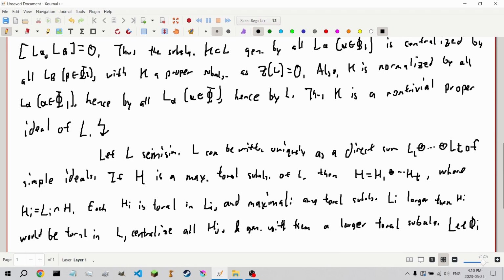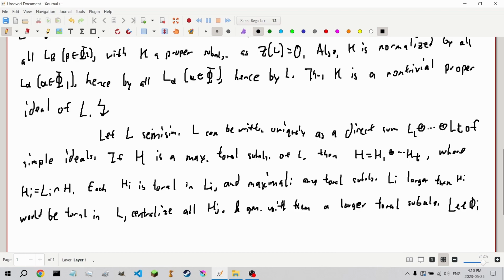Let Phi i denote the root system of each of our elements in the direct sum, Li in the direct sum of L, relative to the part of our maximal toral subalgebra in that sum, in the real vector space Ei.